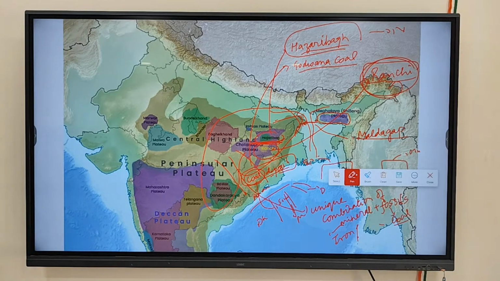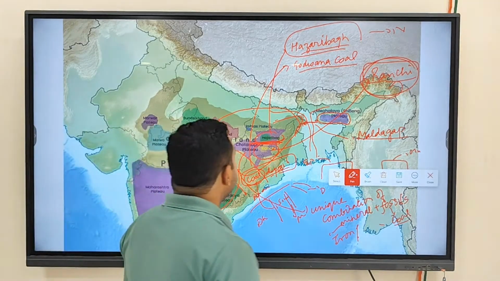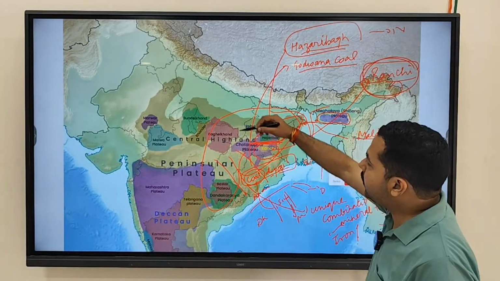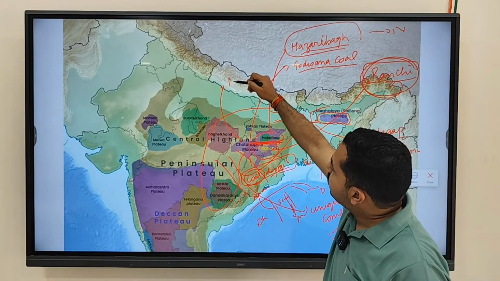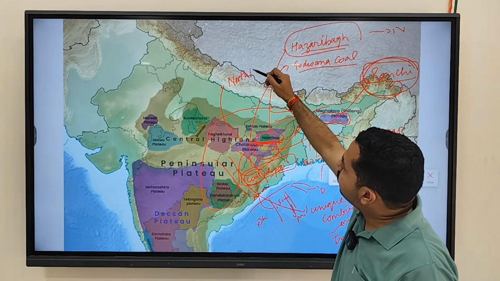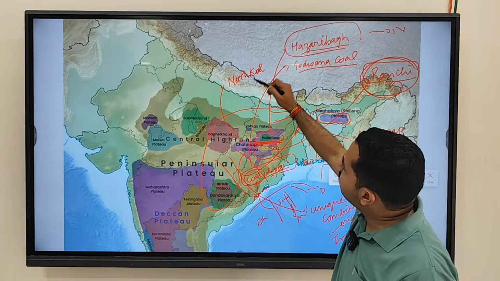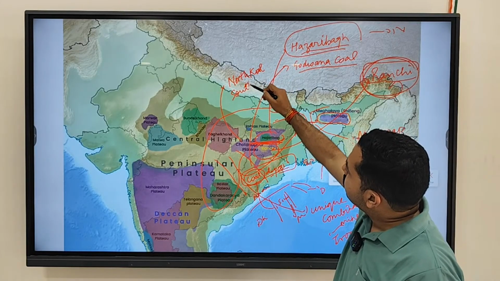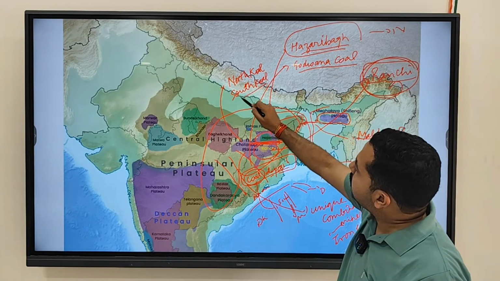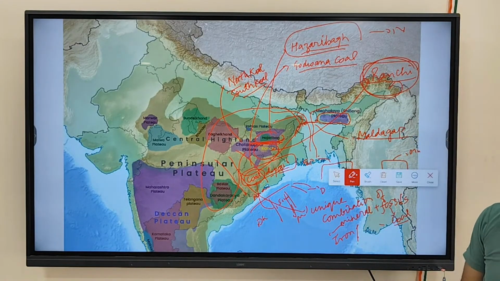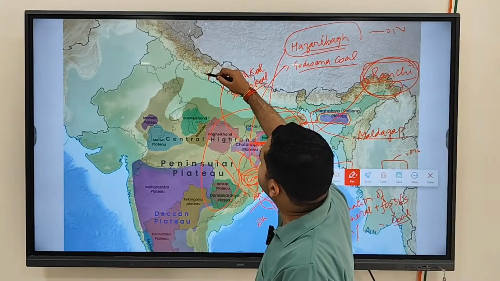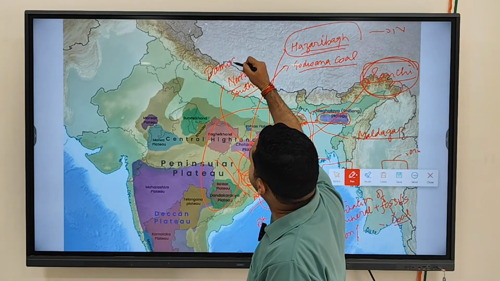Now this region is a source of many rivers. From Baghelkhand you will see the origin and flowing of the North Koel and South Koel rivers. So these are originating from Chota Nagpur and flowing through Baghelkhand. You will also see the Damodar river originating, the Subarnarekha river originating.